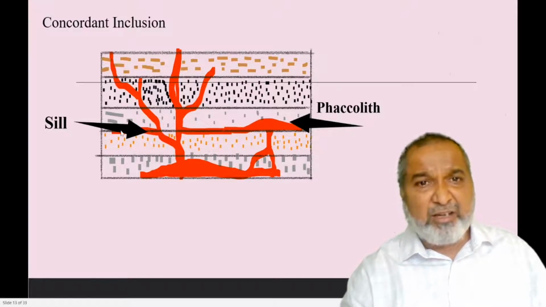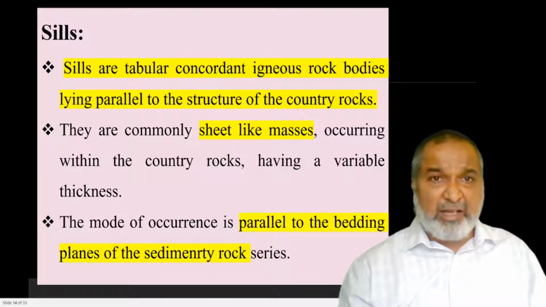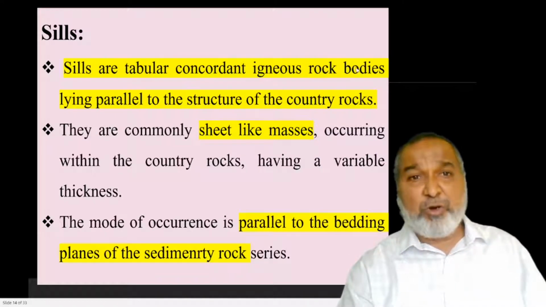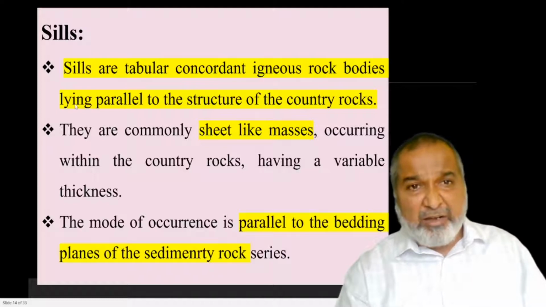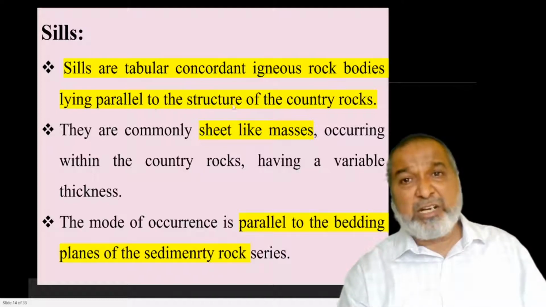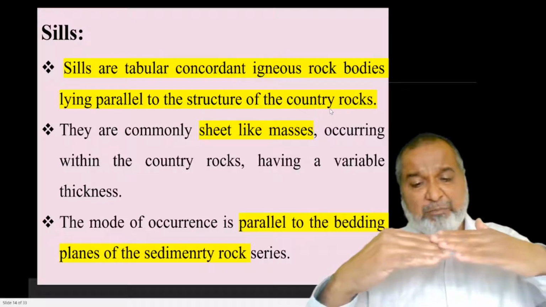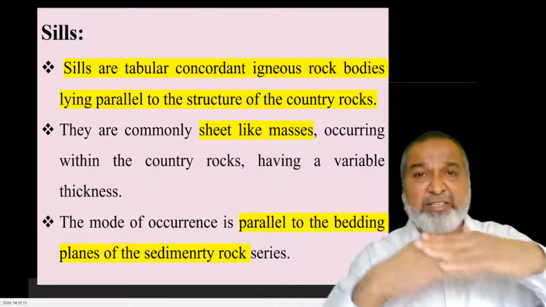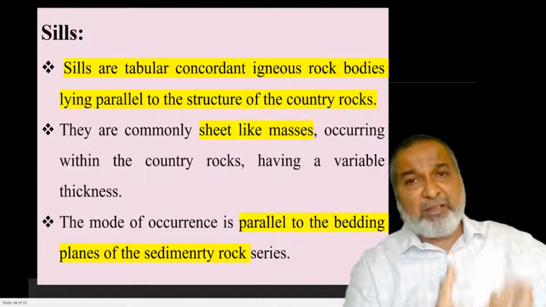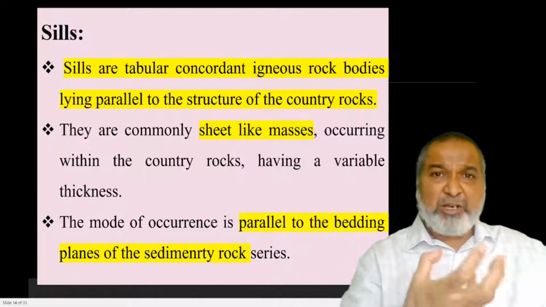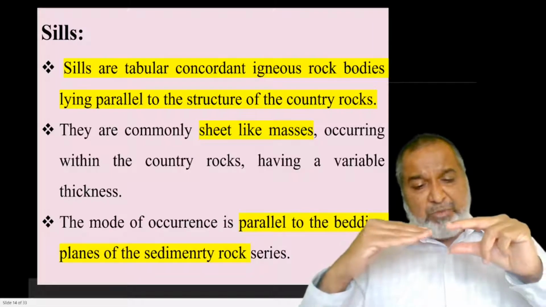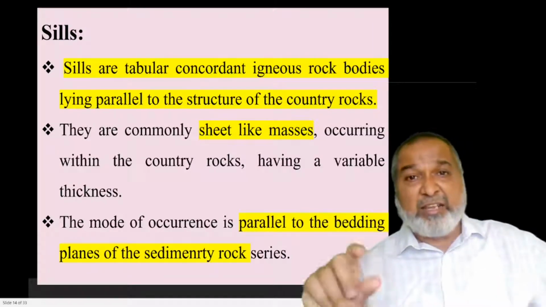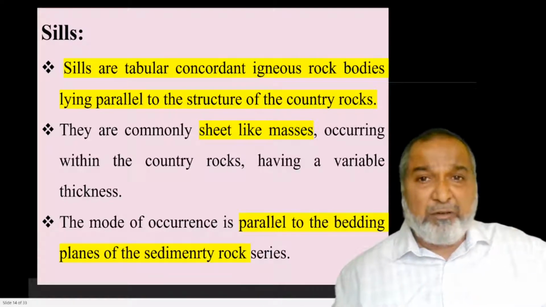These are the sills. First we'll see the sill. Sills are tabular concordant igneous rock bodies running or lying parallel to the structure of the country rock, parallel to the sediments. Whatever the beddings are, it is injected within the bedding, and whatever country sedimentary rock is there melts, and sometimes the bed is completely replaced, and the sill forms running parallel to the bed.